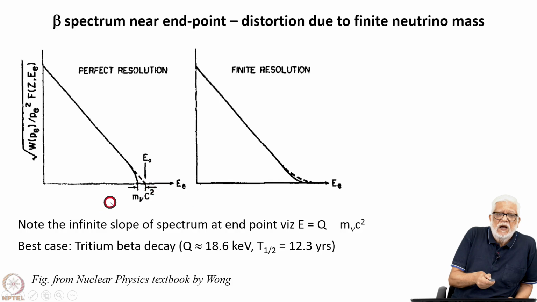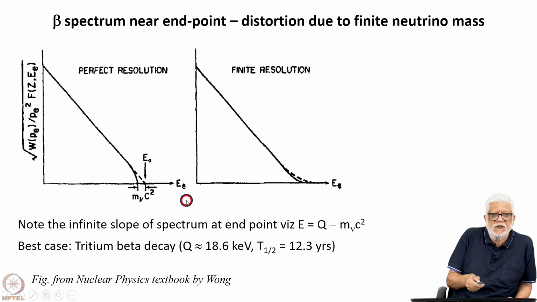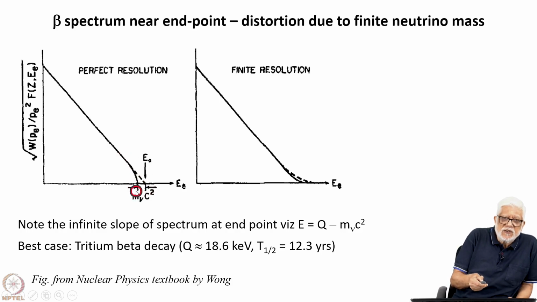However, if the neutrino has a finite mass, then instead of this straight line ending at the Q value, it will end at Q minus m_nu squared. Not only that, the slope of this plot will be infinite at this energy Q minus m_nu squared.